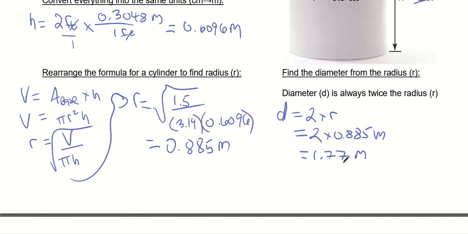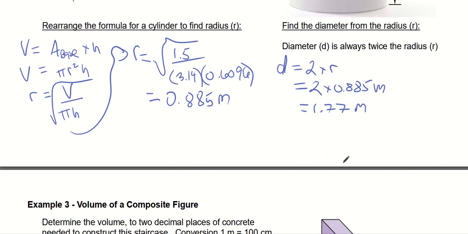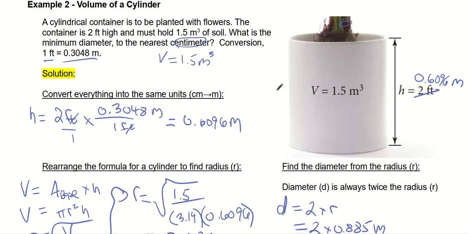Okay. And the last thing is, it was asking you for centimeters, so we should probably convert this. The conversion again is put 1 to 100, so it's 1.77 meters times... I believe I put the conversion up here. Oh, the conversion is not there.